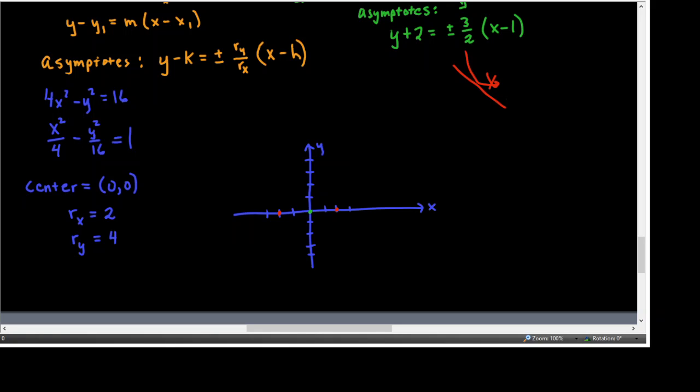The y radius is 4, so from the center go up 4 and down 4. And unlike the ellipse, those 4 points are used to draw a rectangle. So draw the rectangle so that the midpoints of the sides of the rectangle are those 4 dots that we created a moment ago. Then draw the diagonals of each rectangle.